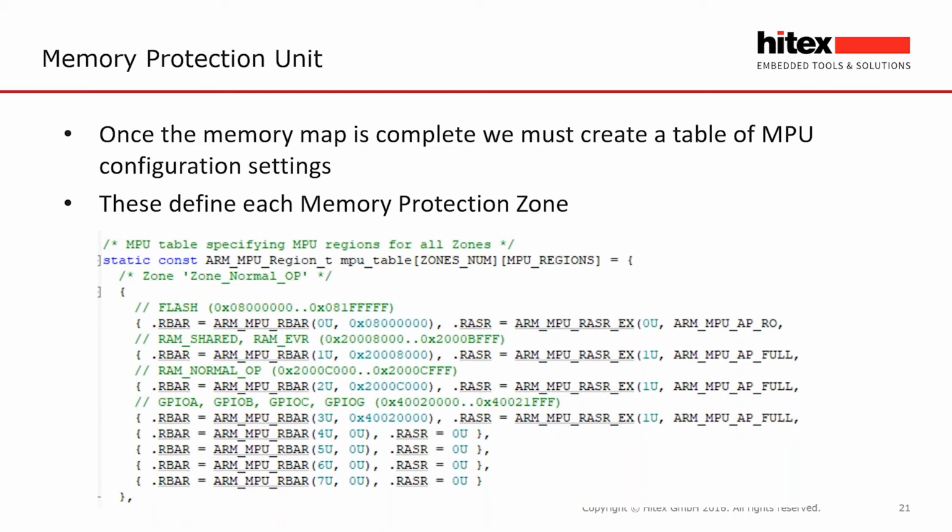So when we switch to that thread, we'll know what memory protection zone we're running in. Then the callback function in the kernel will activate the relevant table and program the MPU. The thread can then run within its resources. If it goes outside, it will generate a memory protection fault.